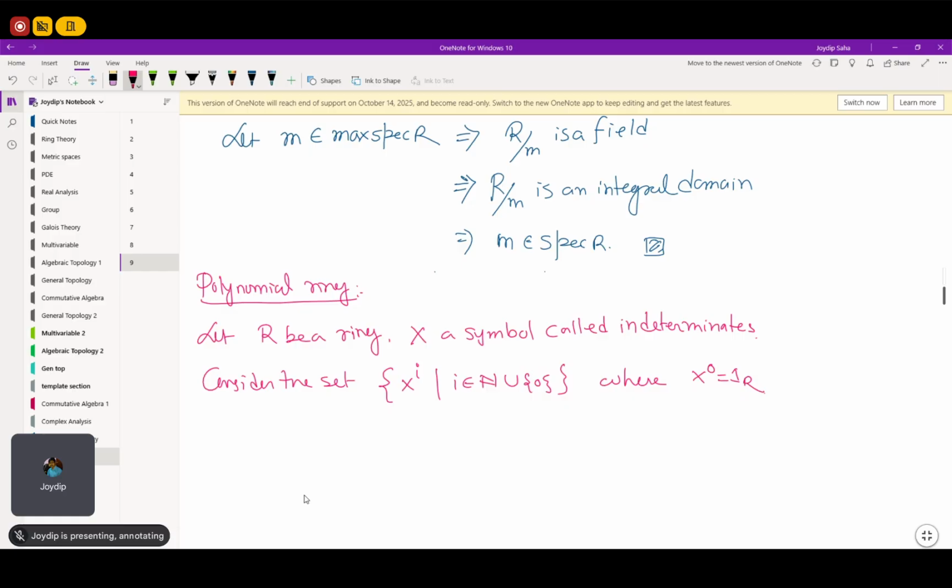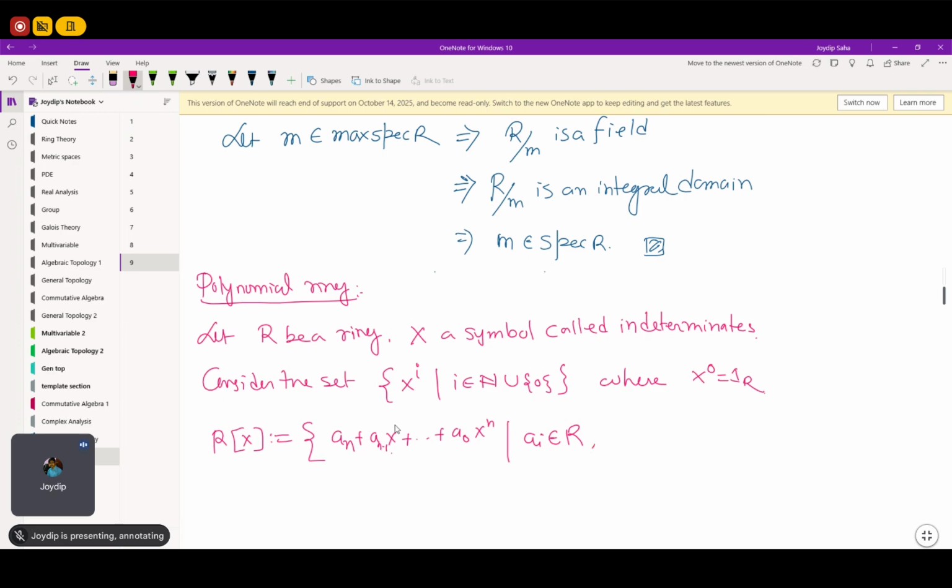Now, R[x] is the set of a0 plus a1 x, and so on up to an x to the power n, such that ai belongs to R. These are called coefficients.